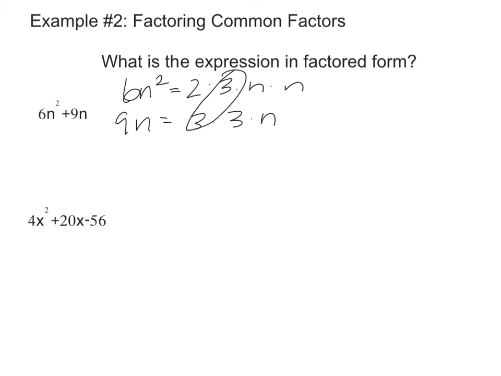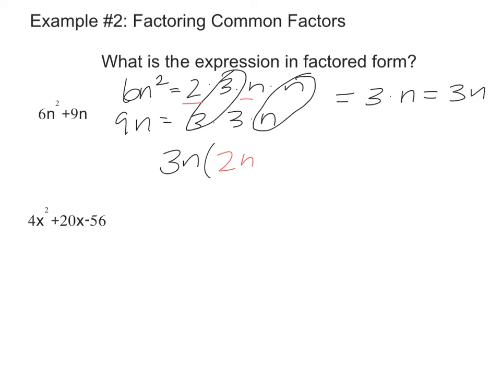So they have 3's in common and they have n's in common. So if I have their greatest common factor as 3 and n, that means their greatest common factor is 3n. So 3n is the greatest common factor, and now I just write what's left over. What's left over of the first one is 2 and n, so that's 2n. And what's left over of the last one is 3, so plus 3. And this is our answer.